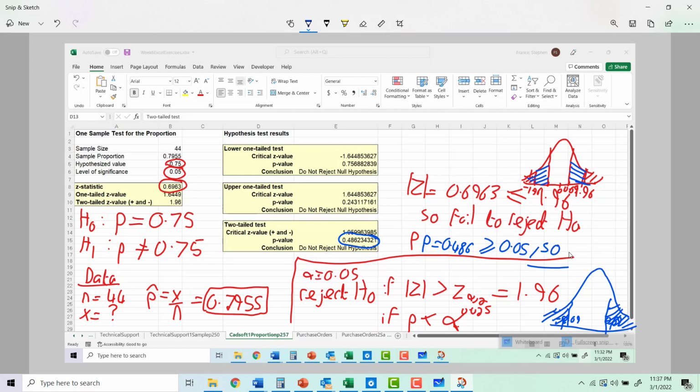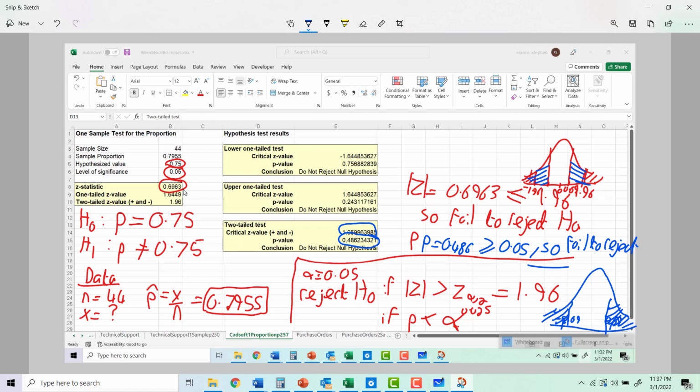So fail to reject. You can see the pattern here: we reject if the absolute value of our test statistic is bigger than the critical value, in this case 1.96, and we reject if the p-value is less than the alpha.